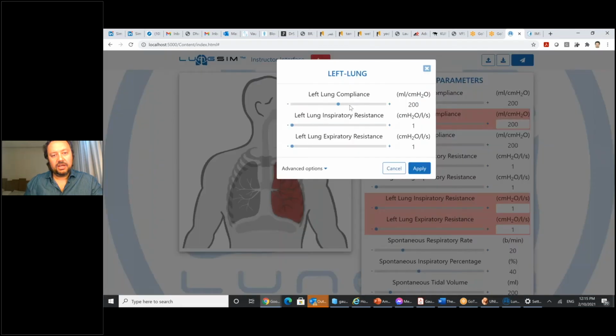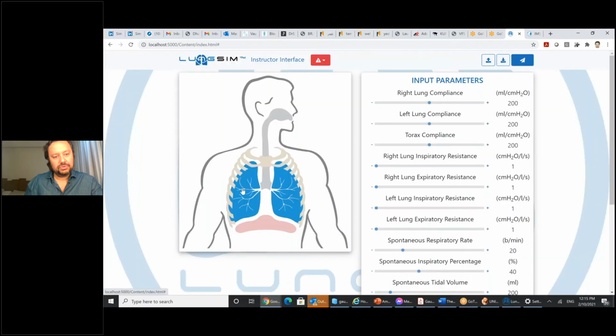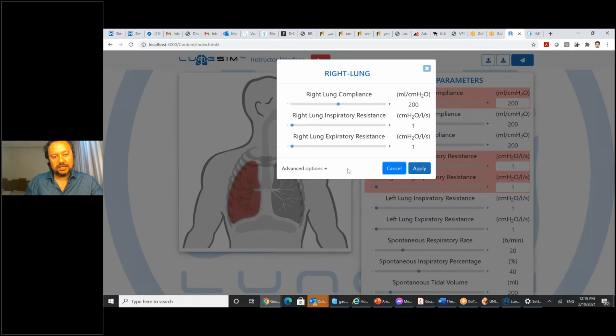So left lung, you can control the lung compliance. So you can control the left lung inspiratory resistance. So you can increase the airway resistance on the inspiratory level and the expiratory level. Of course, you can apply to both lungs also at the same time, but you could still have different values to the right and to the left.